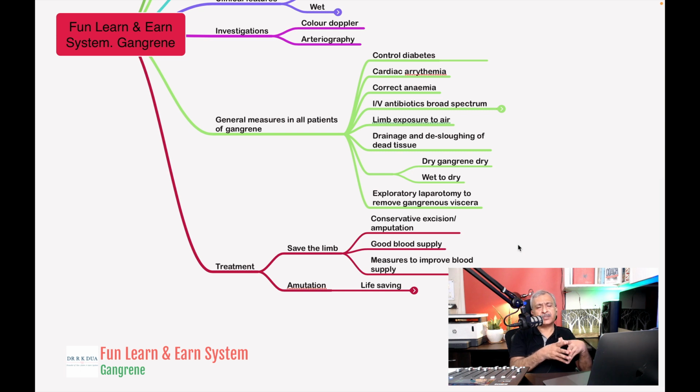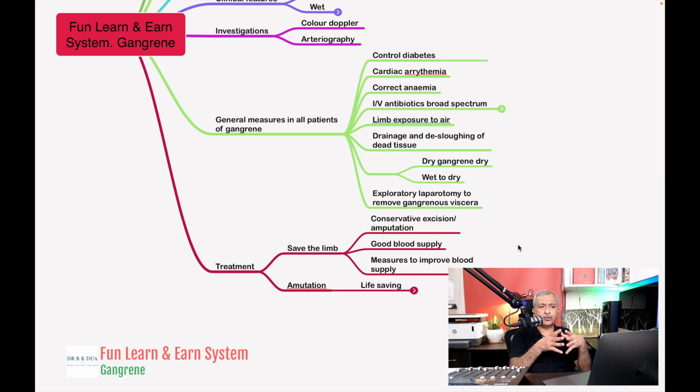The main thing is that we have to maintain it dry. We should not make it wet. If we find that the patient will not be able to maintain it dry, or the patient is also having some other problems, it is better to do the conservative surgery and remove that dead part.